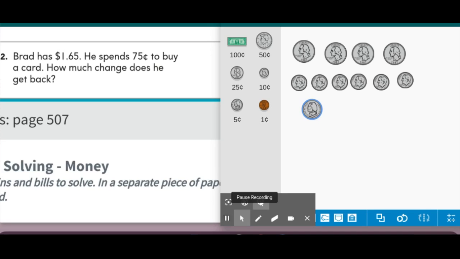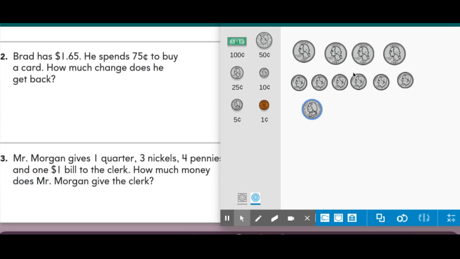Now, he starts with $1.65, and I've shown that on our screen right here. So if you're spending 75 cents, that means you're taking away 75 cents. I can take away 3 quarters to show that I'm taking away 75 cents, or I can take away 2 quarters, 2 dimes, and 1 nickel.